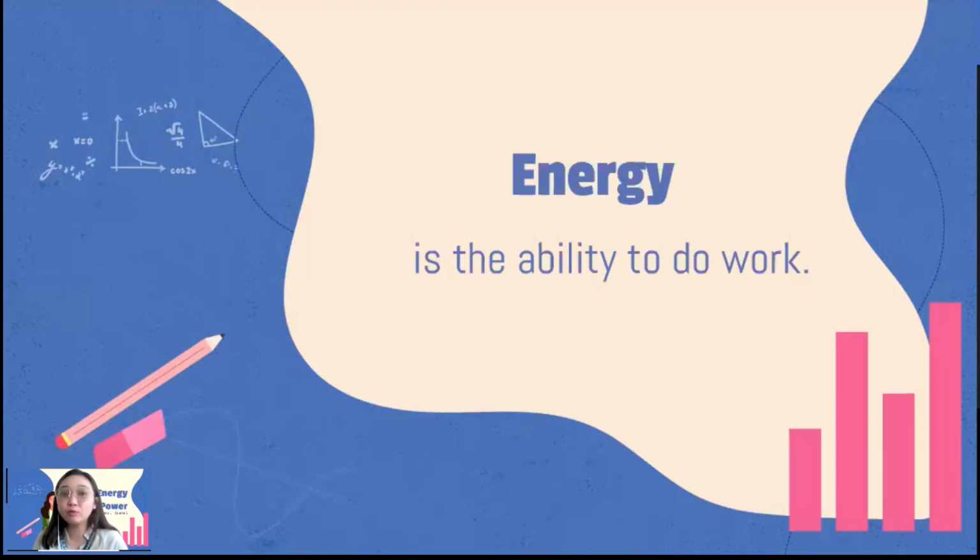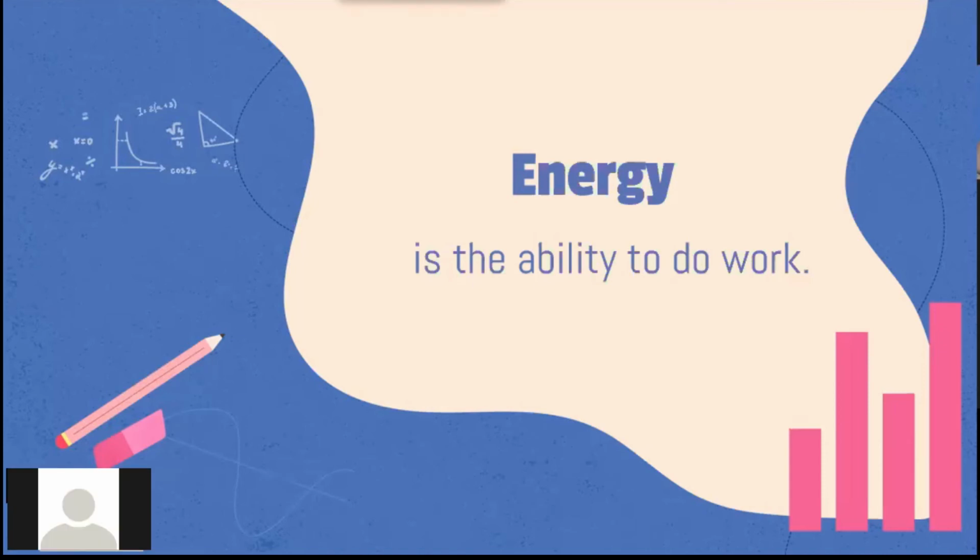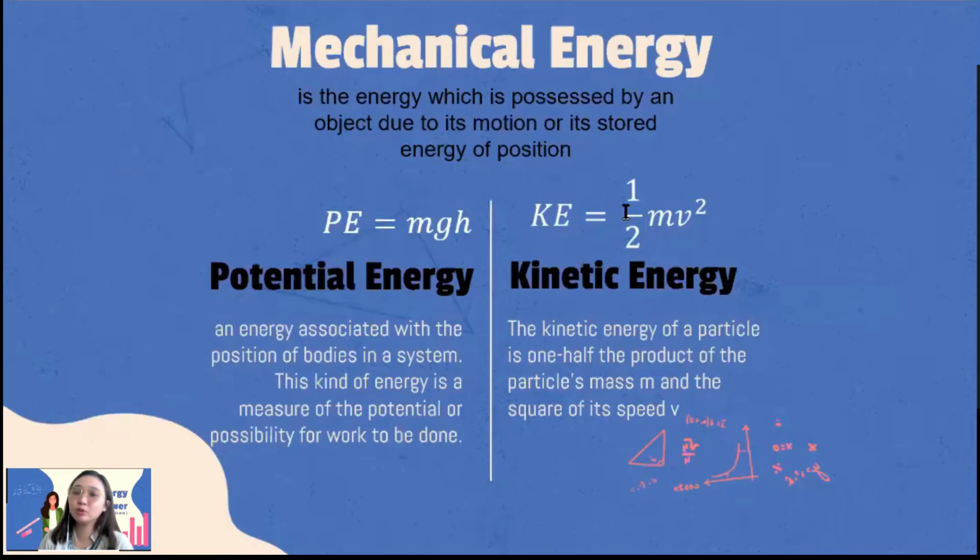Do you remember the equation we use for kinetic energy? Kinetic energy is equal to 1/2 mv squared. How about potential energy? Who remembers? Based on those two equations, kinetic energy relies on the velocity and the mass of your object.